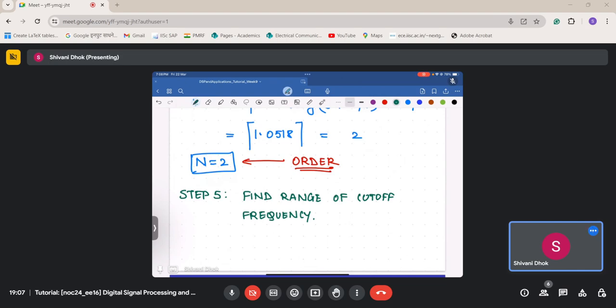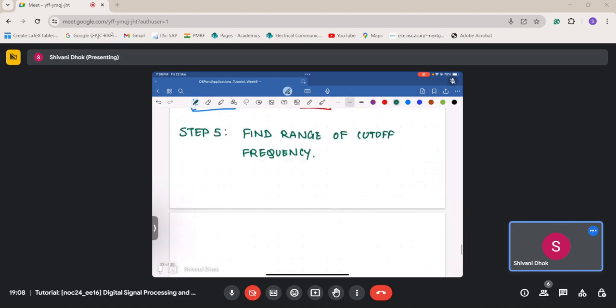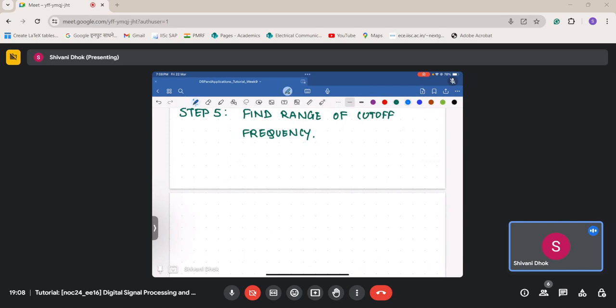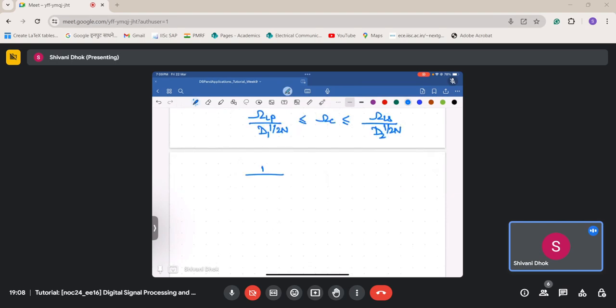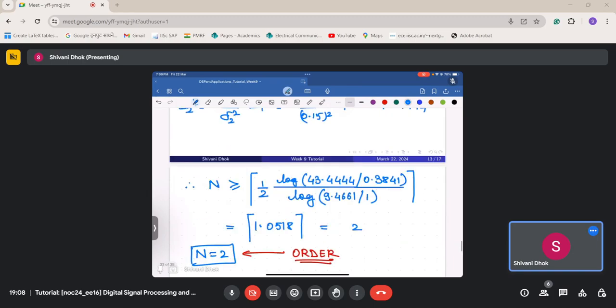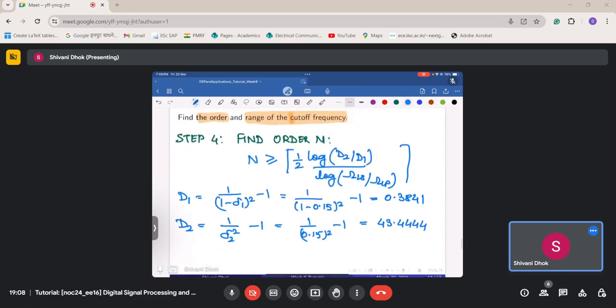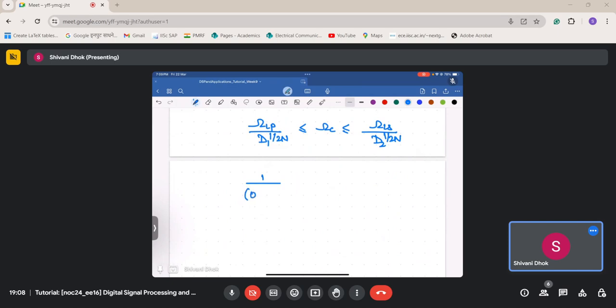So we know how to find this out. We have omega lp upon d1 to the power 1 by 2n less than or equal to omega c less than or equal to omega ls upon d2 to the power 1 by 2n. Here omega lp is 1 and d1 we had found out as 0.3841, to the power 1 by 2n.